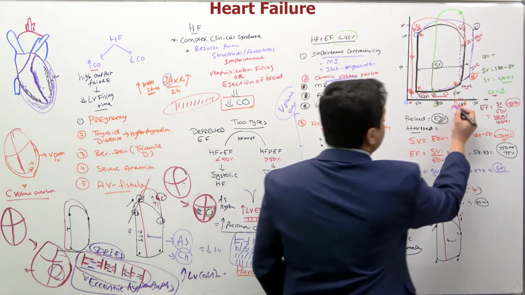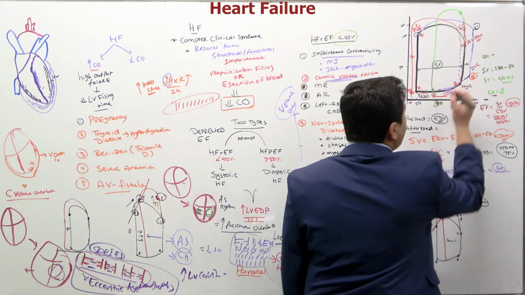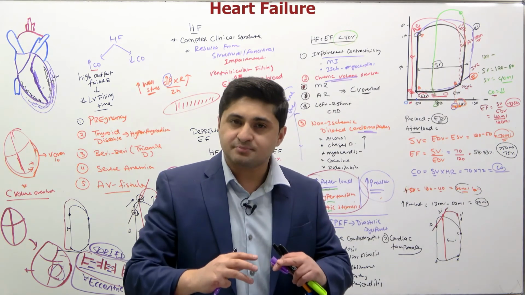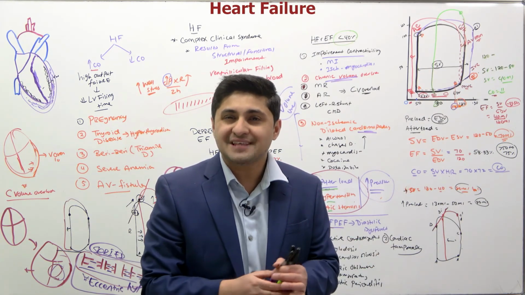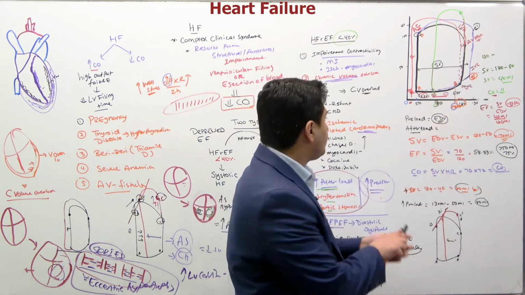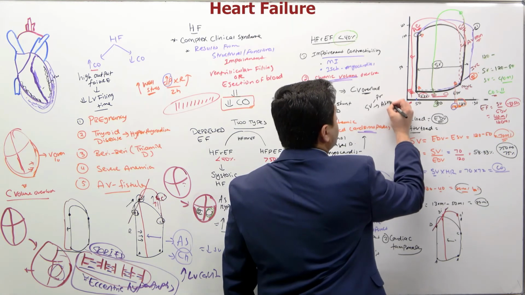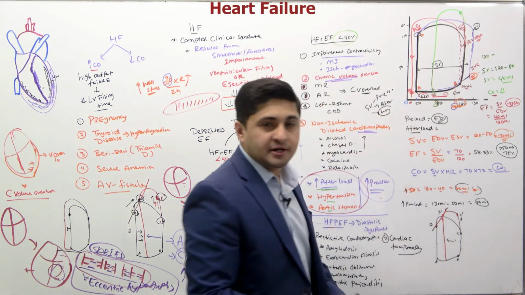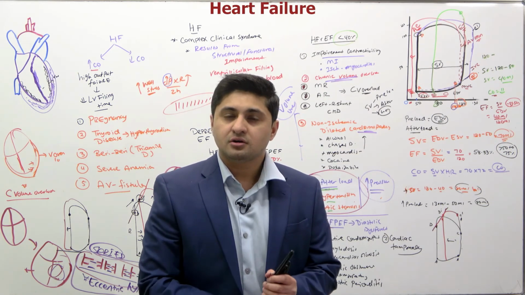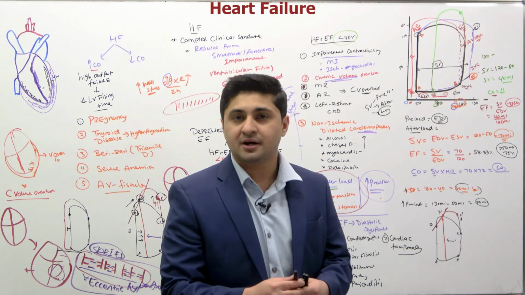Let's just say it's only filling 110 ml. If it's filling only 110 ml, that means less preload. Think about it: stroke volume is determined by preload, afterload, and contractility. Based on the Frank-Starling law, with less blood, the ventricle ejects less blood out.